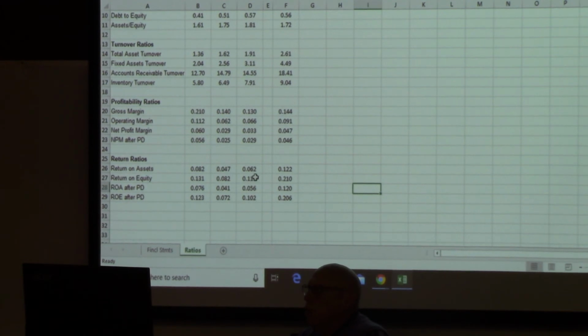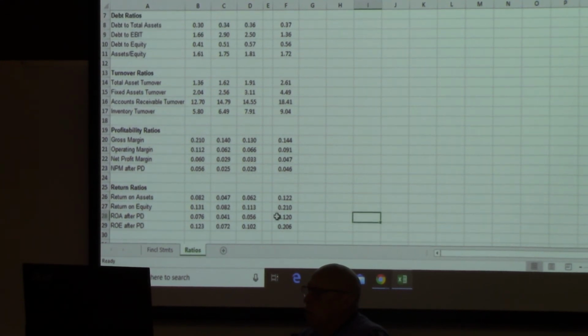Now the second thing we want to do is compare that to the industry. Compare 2005 for the company with 2005 for the industry, and we see that the industry makes much higher returns than the company. Now let's see what's going on with the company. Let's compare margins. The gross margin went down, and the operating margin went down and up.